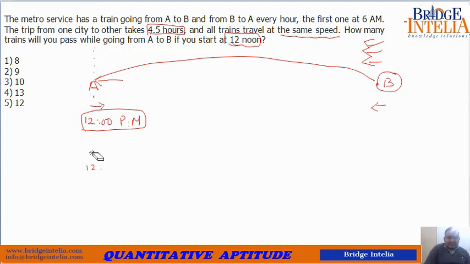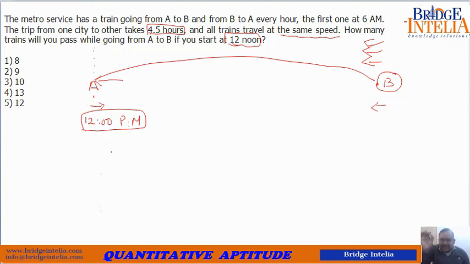It means that trains reach stations at timings like 6:30, 7:30, 8:30. That 30-minute thing is involved because of the 4.5 hours. Had it been 4 hours or 5 hours, the timing would have matched, but because of that 30 minutes, the arrival time is some hour and 30 minutes.